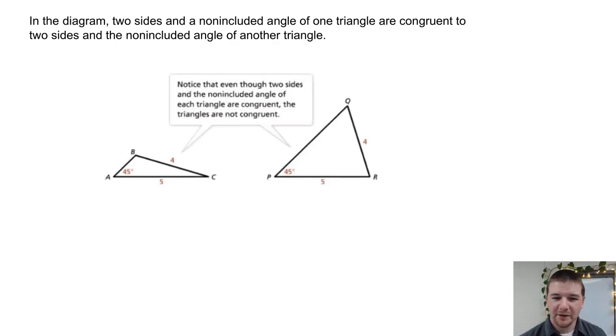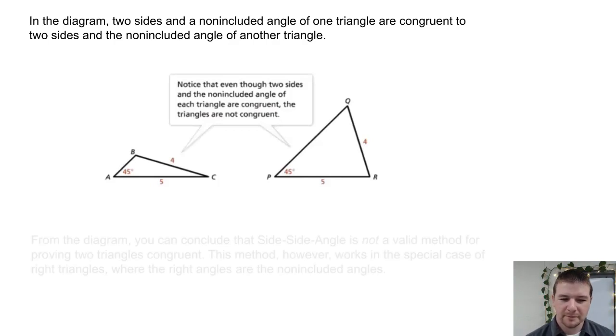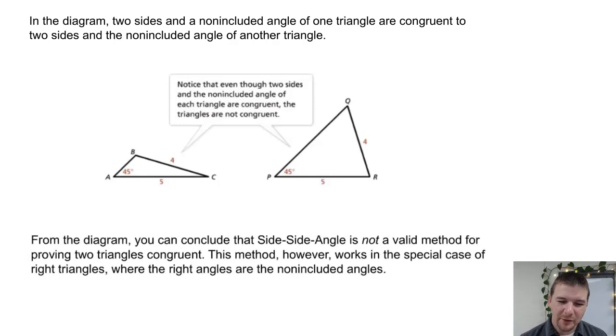So notice that even though two sides and the non-included angle of each triangle are congruent, the triangles are not congruent. From the diagram, you can conclude that side-side-angle is not a valid method for proving two triangles congruent.